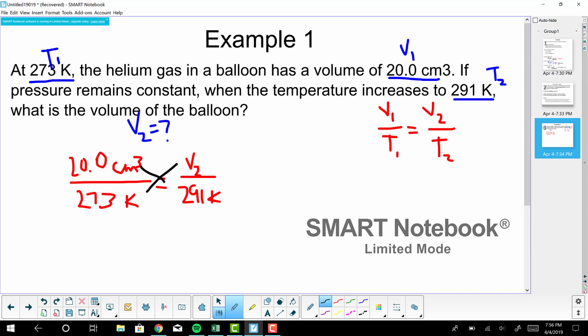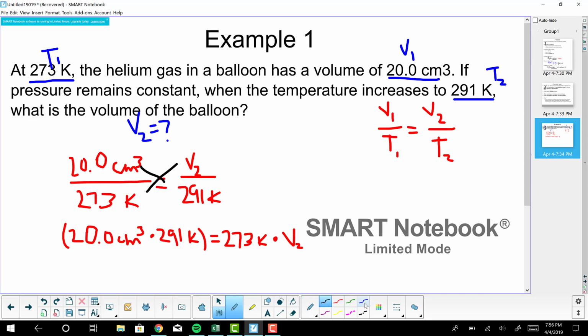All right, so now what we get is 20.0 centimeters cubed times 291 Kelvin, and that equals 273 Kelvin times V2.